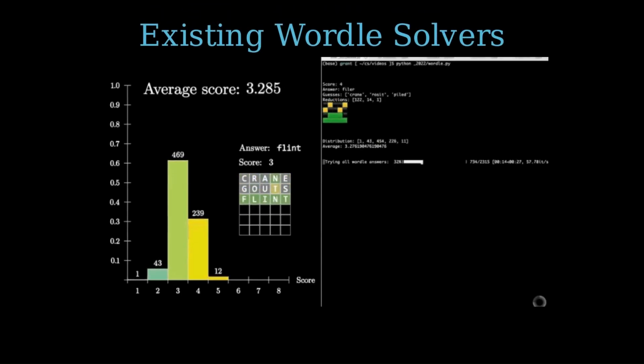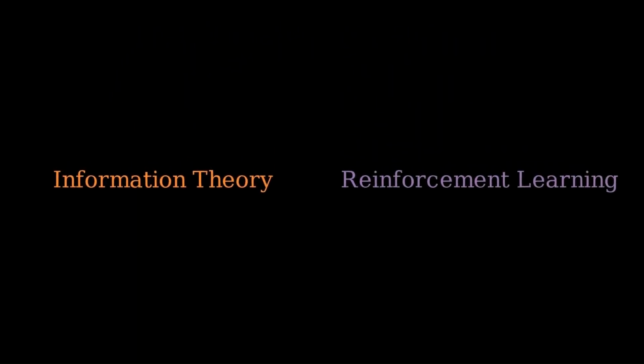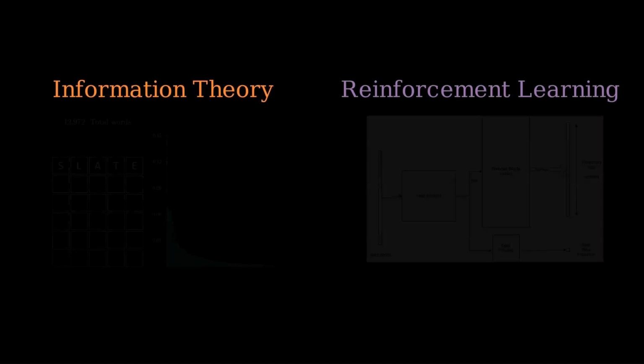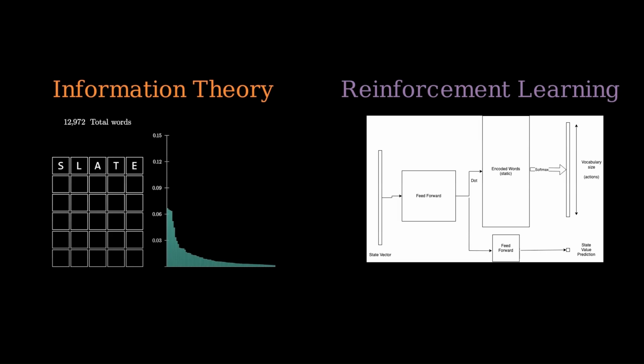While existing Wordle solvers have achieved less than 3.4 turns to complete on average using information theory or reinforcement learning, they lack biological plausibility. They rely on computationally intensive optimization and perfect knowledge of word frequencies, something humans don't have access to. So I think a Hopfield network is fitting for this task based on its biological plausibility.